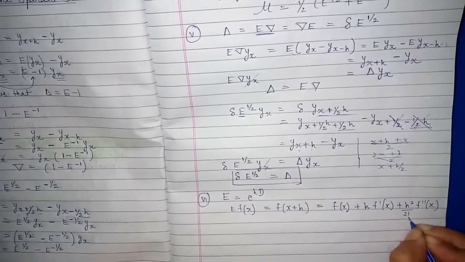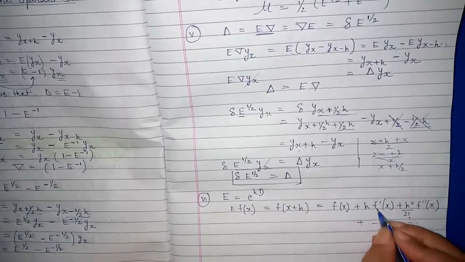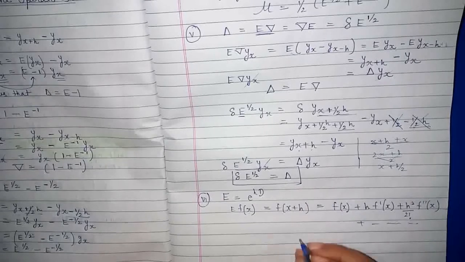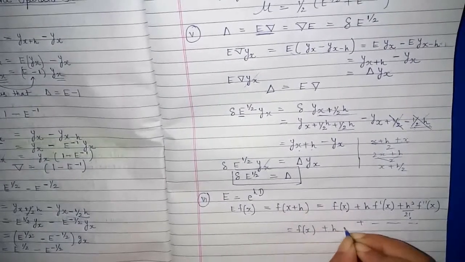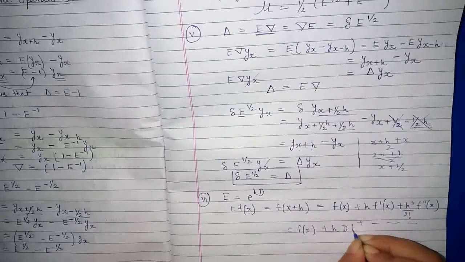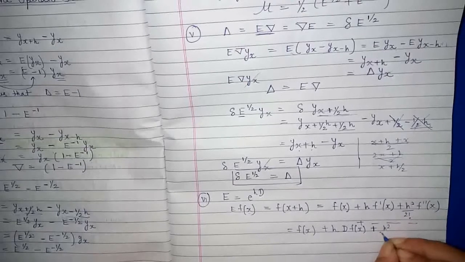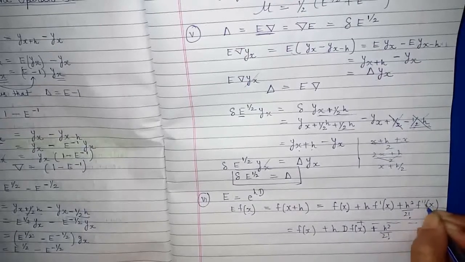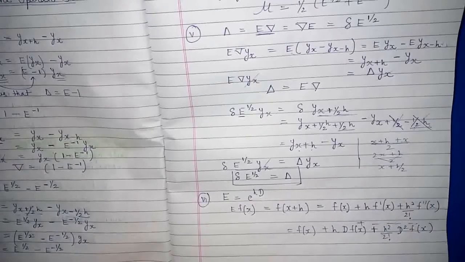Here it is 2 factorial, and like this it will carry on. Okay, f dash means you know that differentiation, so we can explain it like this: fx plus h d fx plus, we can write it as h square by 2 factorial, 2 times differentiation, so d square fx. We can write it like this.